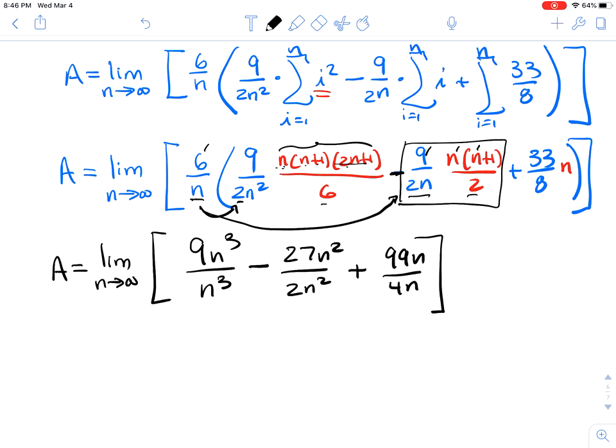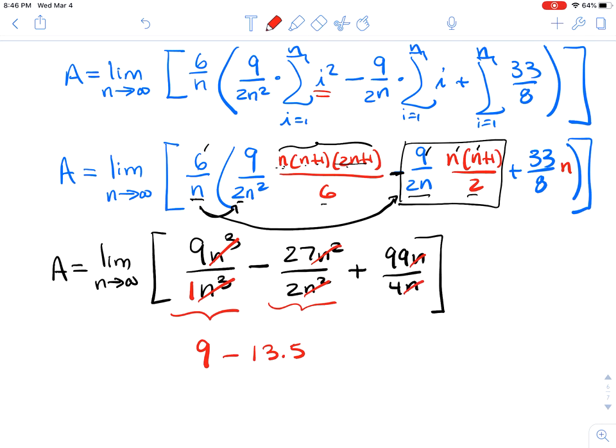And once we have this, we see that because the top term and the bottom term have equal exponents, the limit would be the ratio of the coefficients. So this first term, the limit as n goes to infinity would be 9. This second term, the limit as n goes to infinity would be minus 13.5.